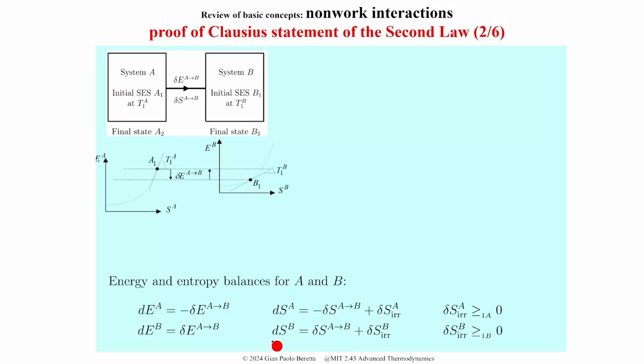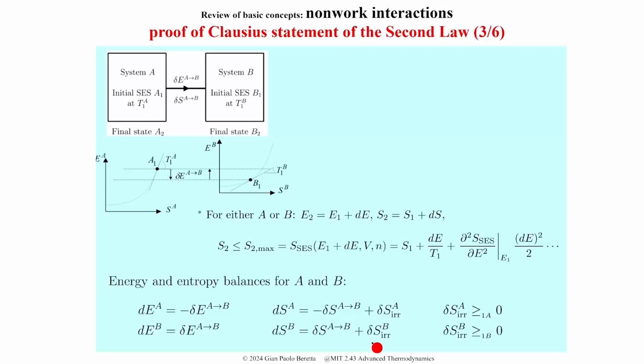For system B, the entropy balance says that the change in the entropy of B is equal to the entropy that it received from A plus, if any, the entropy that was generated within B by irreversibility.